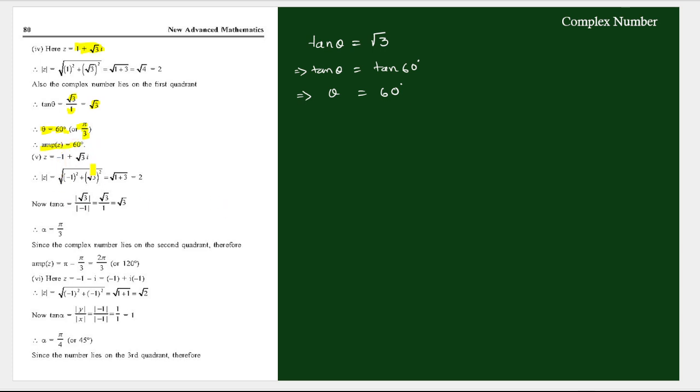Now minus 1 plus root 3i. So here also take the modulus. Tan alpha, we have to take the positive part. Same, alpha is pi by 3. If negative comes, then we have to take alpha. Then we have to apply the earlier formula, this one, the working rule.